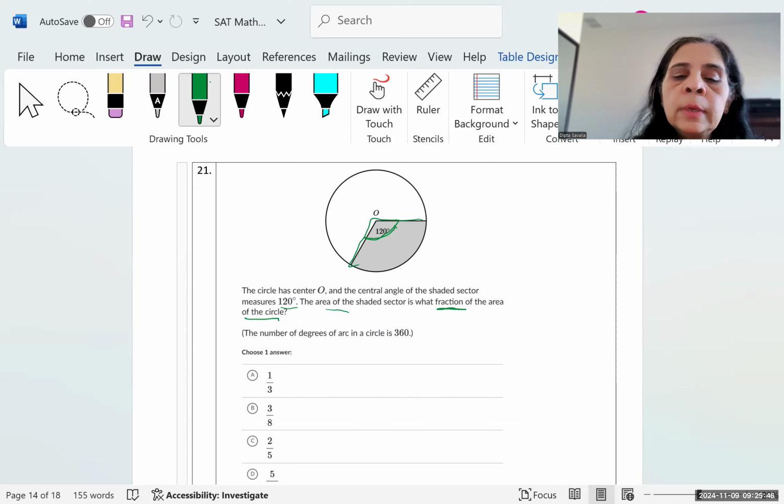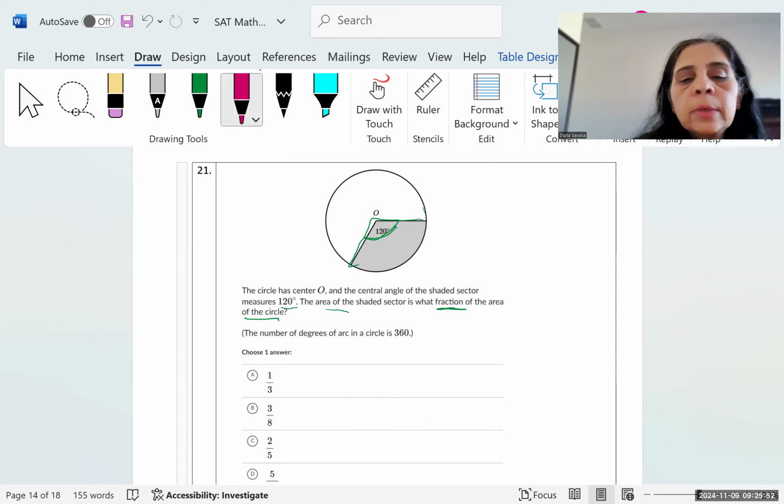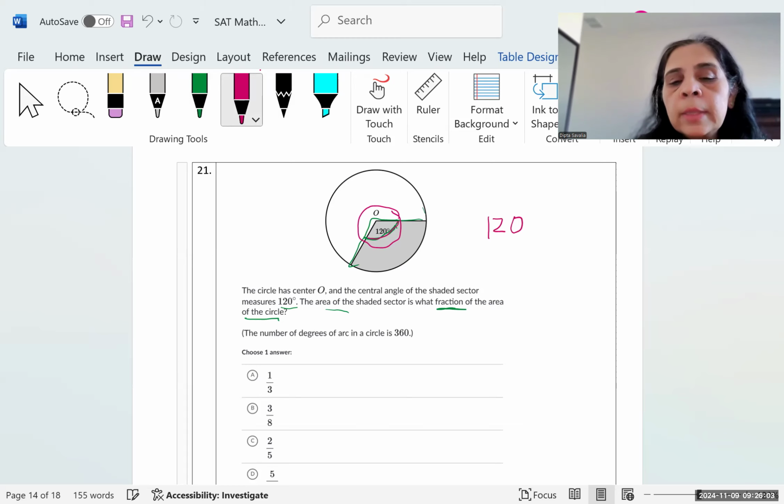So what is the area of the whole circle, and what is the area of this sector? The whole circle must be 360, and this shaded part is 120. So you just divide: this sector is part of the whole circle, and the whole circle is 360 degrees. We can reduce by 12, which gives 1/3.